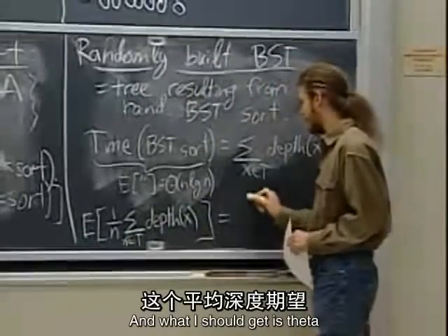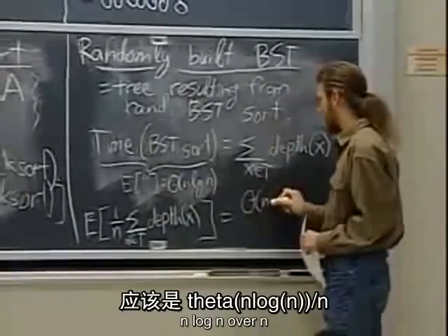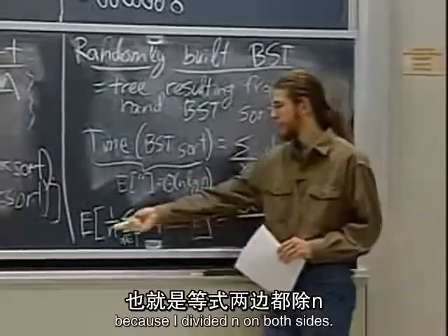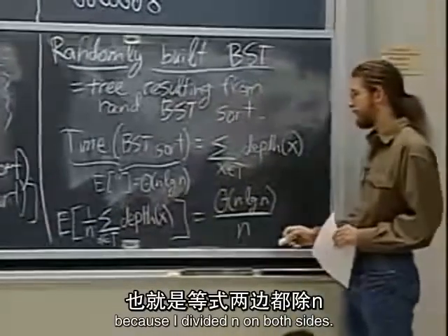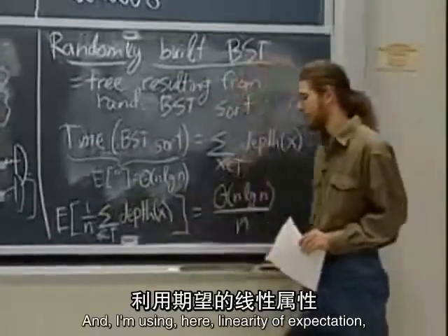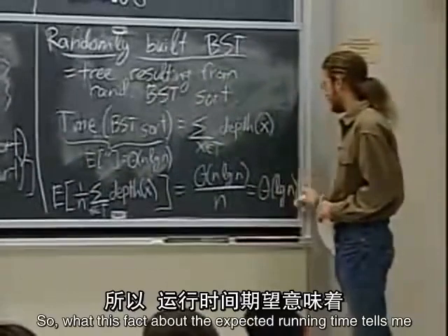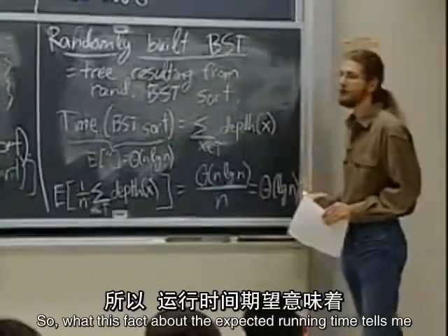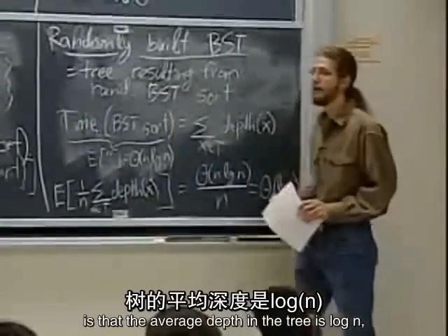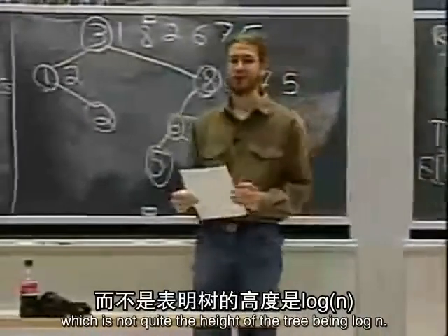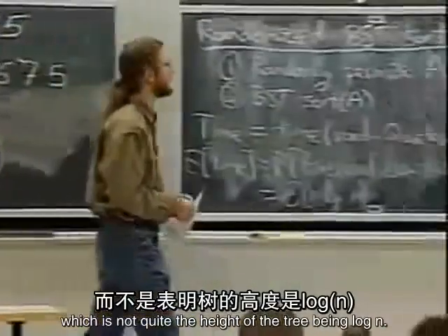And what I should get is theta n log n over n, because I divided by n on both sides, and I'm using here linearity of expectation, which is log n. So what this fact about the expected running time tells me is that the average depth in the tree is log n, which is not quite the height of the tree being log n.